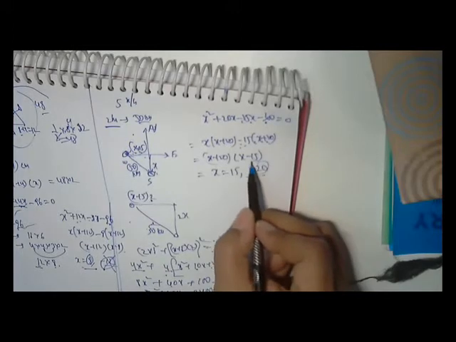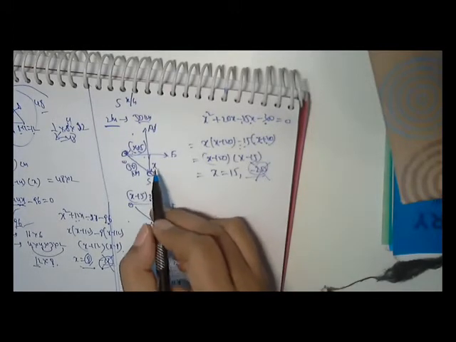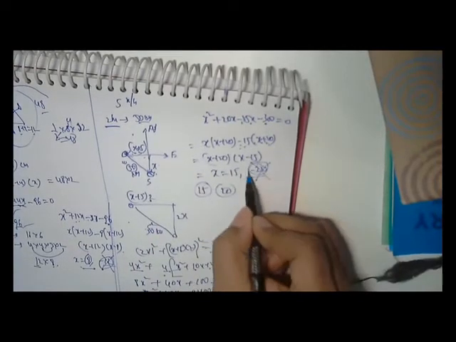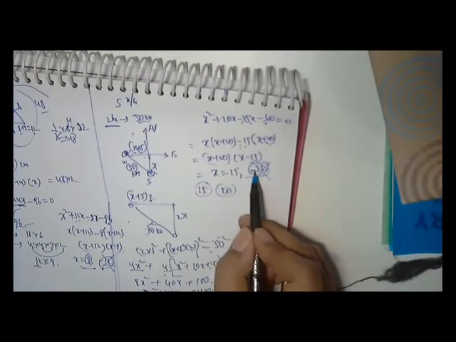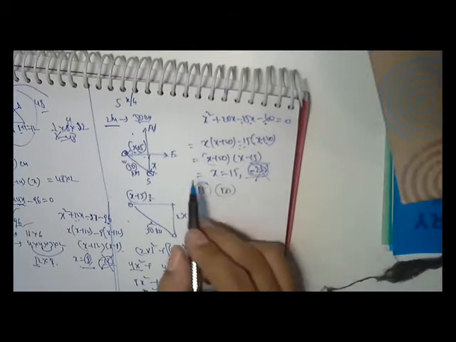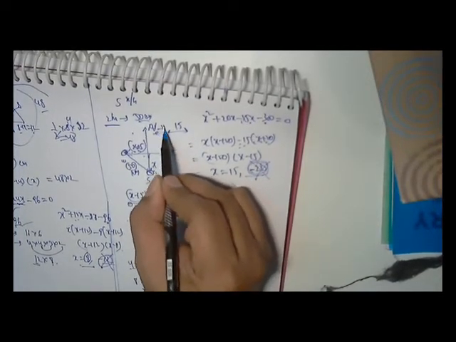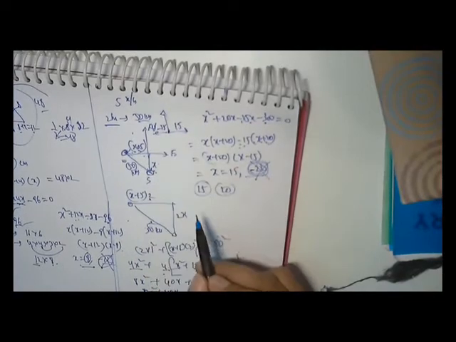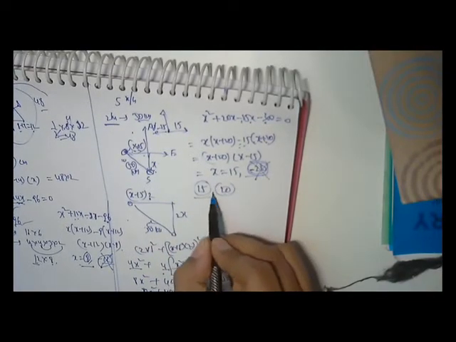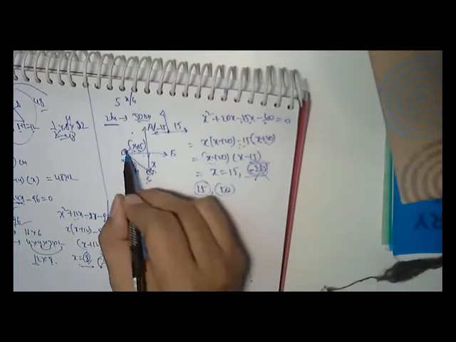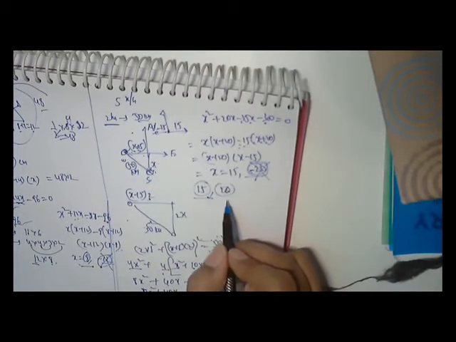Because speed cannot be negative, it can be neglected. So x is 15, and the other is 15 plus 5, 20. Of course, the magnitude comes the same, but it is a minus direction. Normally, minus means a direction, but here it is going in this direction. So the train towards south is 15 kilometers per hour. The train towards west is 20 kilometers per hour.